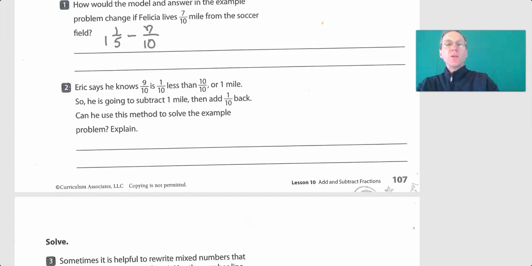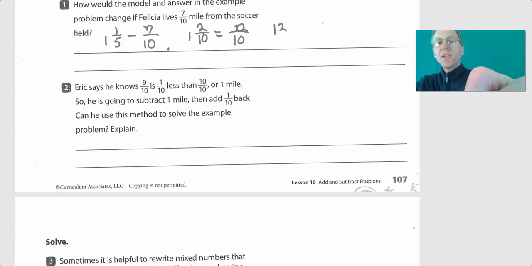Yeah, I'm sorry. So you would just be subtracting 7/10 instead of 9/10. So you could just say, we know 1 and 1/5 is 1 and 2/10, which equals 12/10. Remember, we already did all this up there. So you would have 12/10 minus 7/10 equals 5/10. That's all.